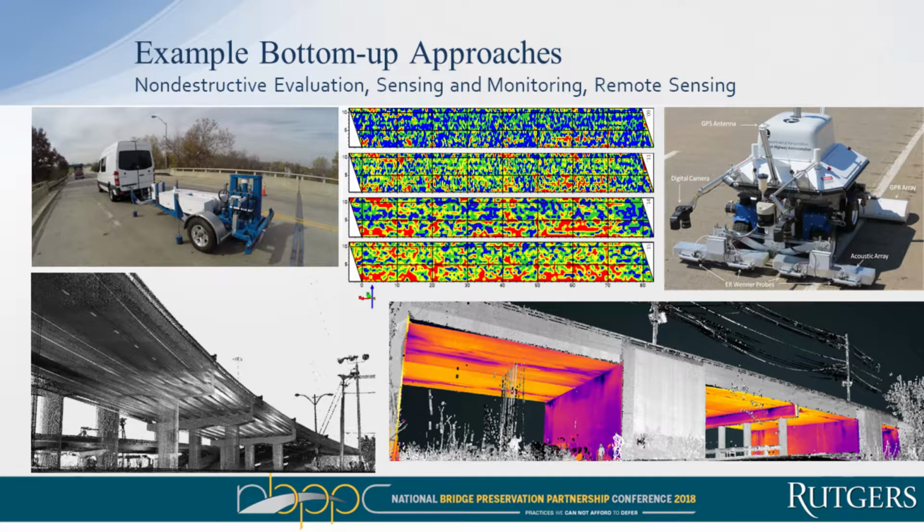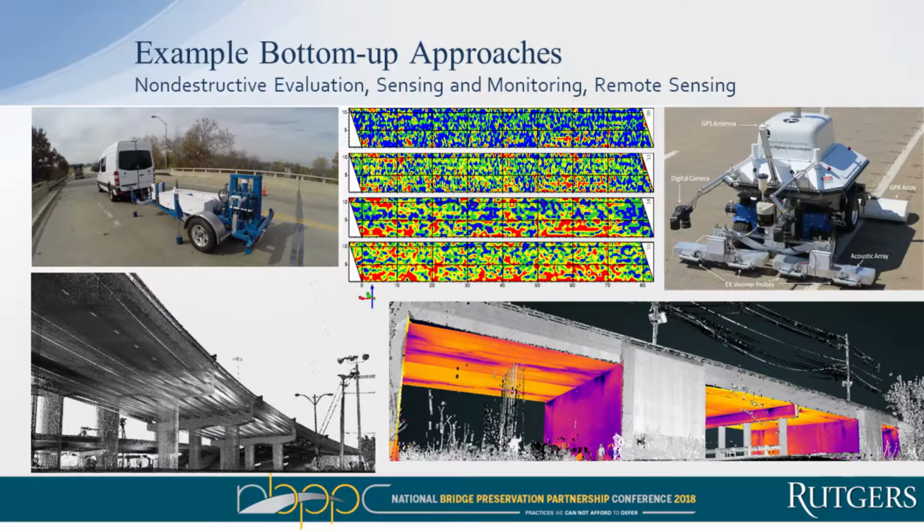But here, if you've heard of this thumper system that does rapid modal testing to look at how girders share load and update load ratings, you might have heard of the RABIT here, which is a bunch of different NDE technologies that get fused to provide some picture of bridge deck performance and how things degrade with time. We've done a lot with LiDAR. I'm a big fan of infrared.